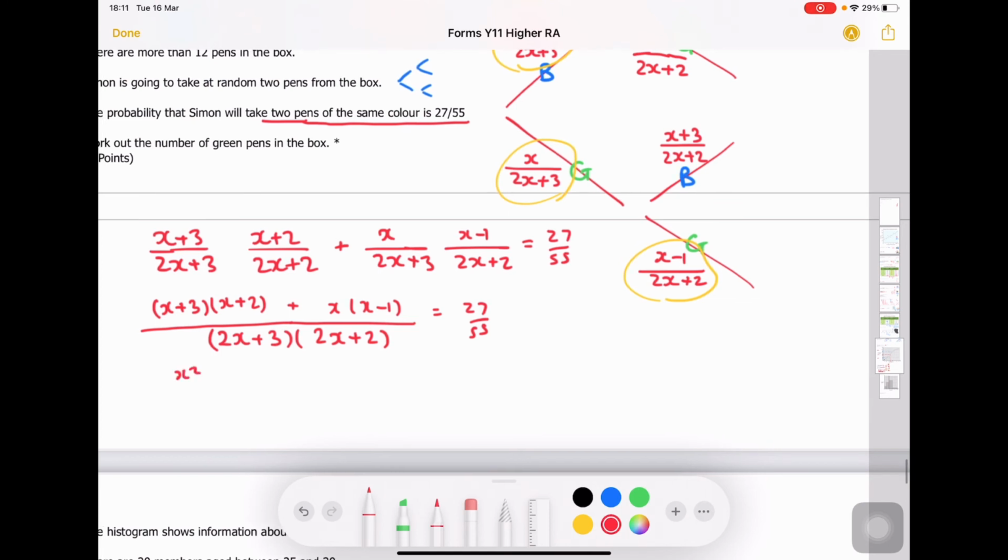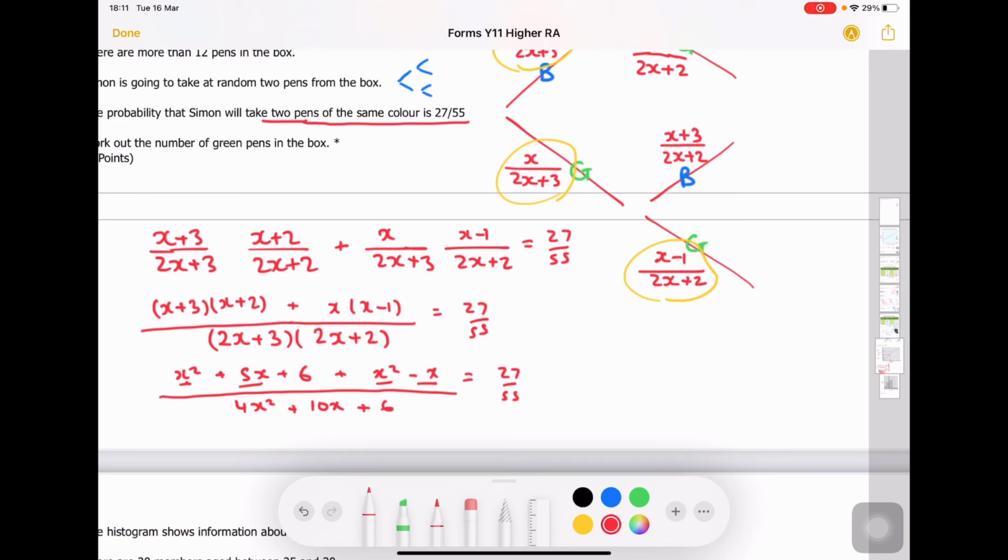x squared plus 5x plus 6 plus x squared take away x, equals 27 over 55. To save space, I'm just going to collect the like terms here. So x squared plus x squared is 2x squared, and 5x take away x gives you 4x.